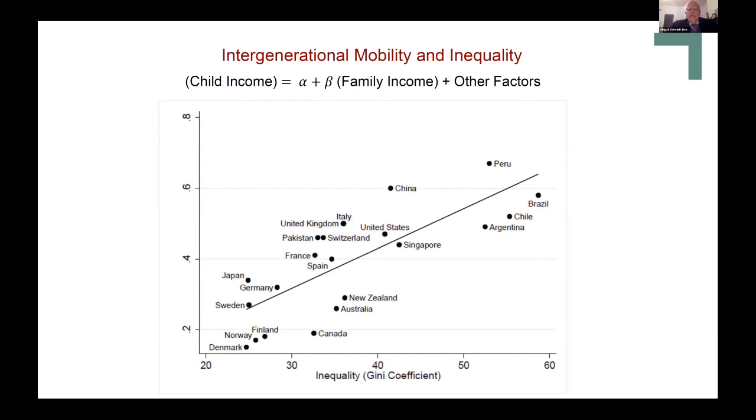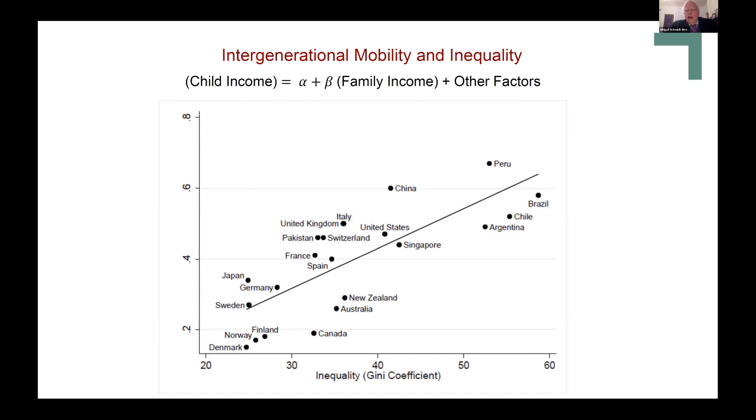And so full mobility is basically a goal that many societies would try to achieve. So you succeed, but not based on anything your parents did. The opposite would be a very high value of beta, where family income is strongly determinative of child income.